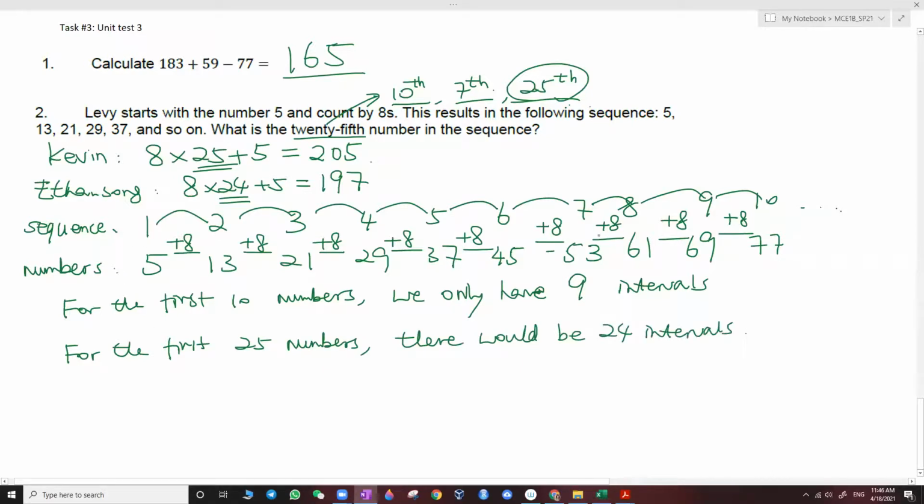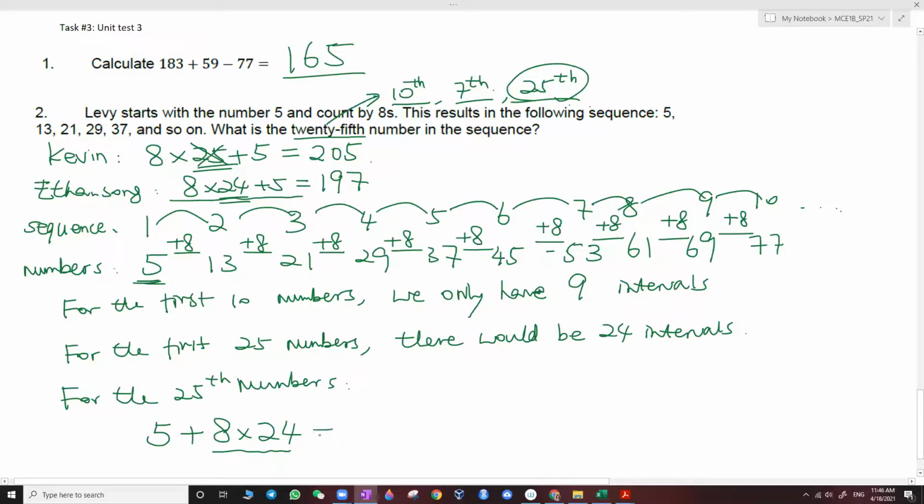So increasing by 8, starting at 5. For the 25th number, the equation to get to it is we start with 5 and we have 24 instead of 25 of such spaces, or intervals, differences, whatever you want to call it.